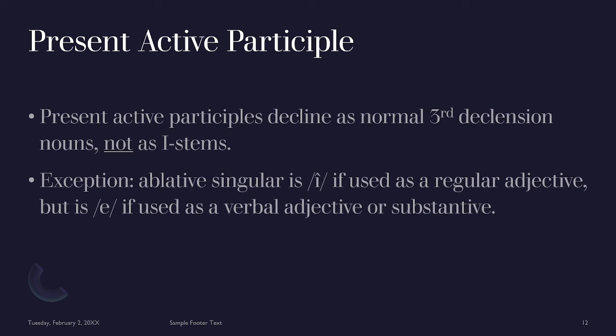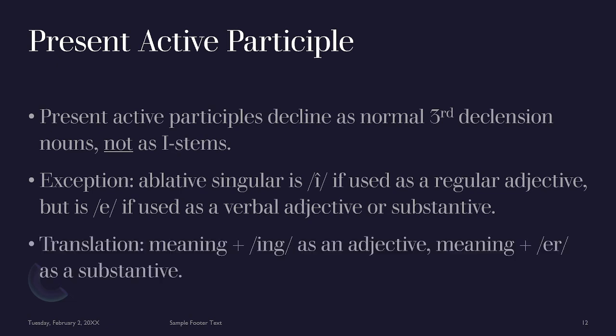There shouldn't be any direct object for it or anything else. If it has an e on it, then you know it's being used either as a verbal adjective with some kind of predicate, some kind of direct object or whatever, or as a substantive. But you probably could figure that out from context. So again, don't be super worried about memorizing this. Just be aware this is why you might see two different ways of making an ablative.